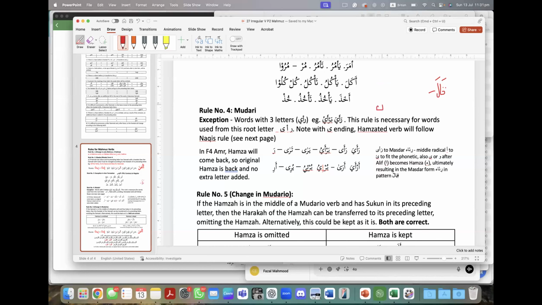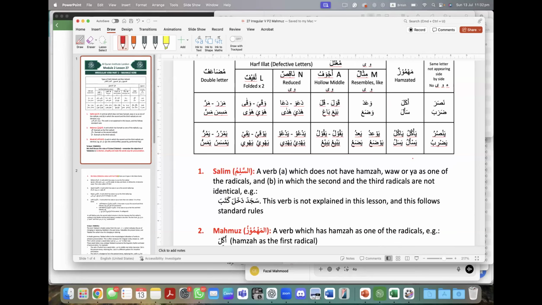Yes, yaqulu. Okay. Qala. Now, as you saw on the first page, you will go back again because you need to know this very well.